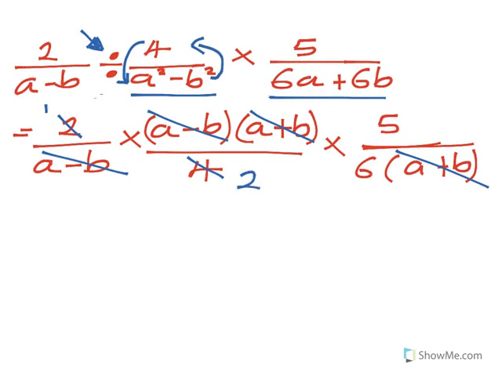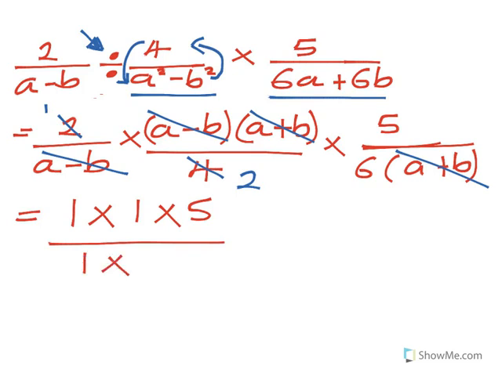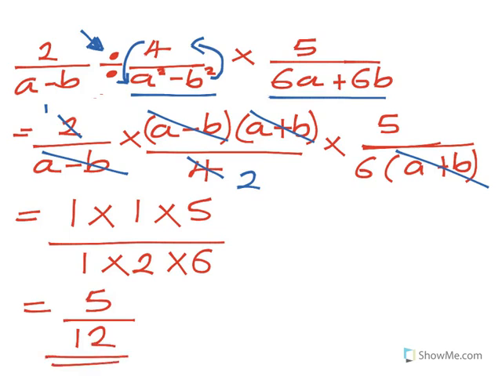So what is going to remain is equal to, in the first part, where there was a 2 is 1, times, where there was a minus b, a plus b, it all cancelled, a 1 remained, and then times 5 over, at the bottom, a minus b cancelled to remain with a 1, the 4 cancelled to remain with a 2, and the 6 remained as 6, since a plus b cancelled. So the final answer, you can use a calculator to prove it, is 5 over 12. Again, on the mark allocation, it was a 4 marks question.